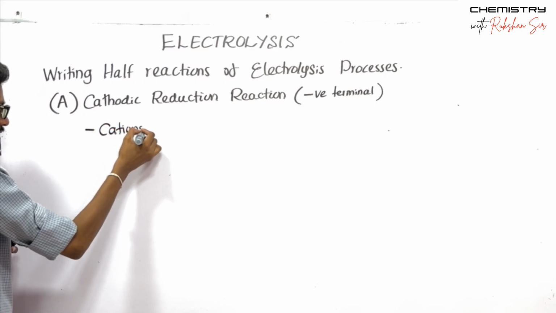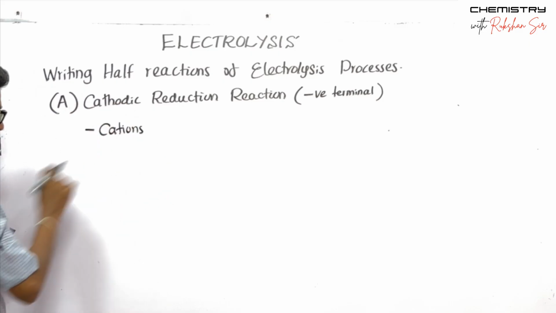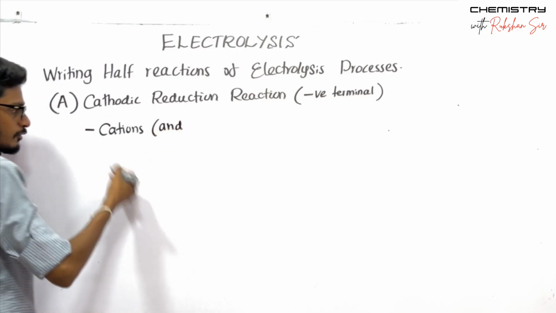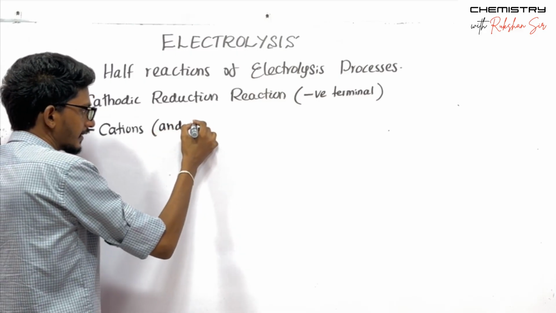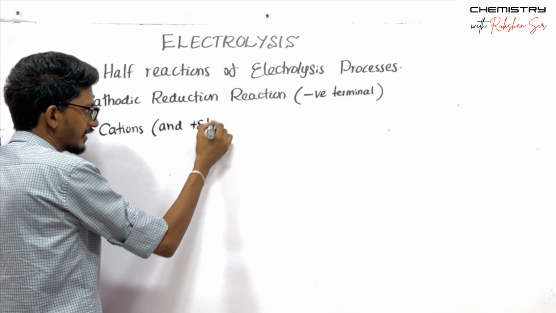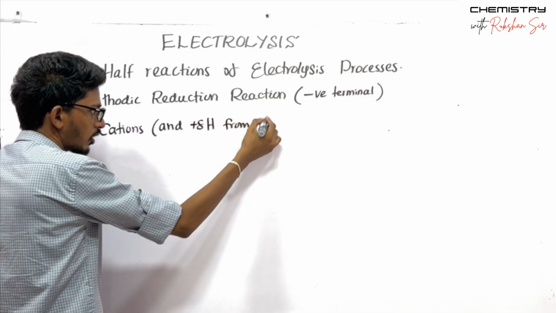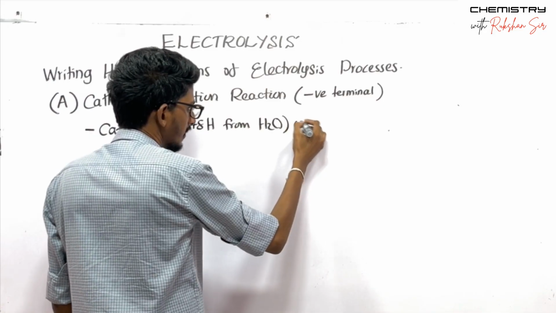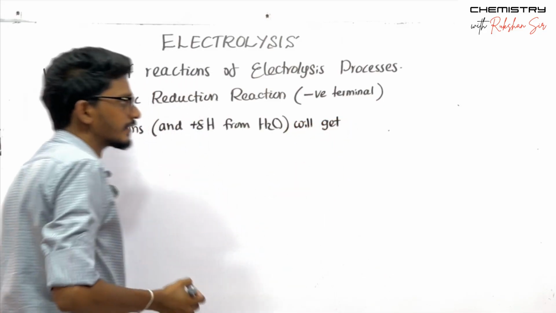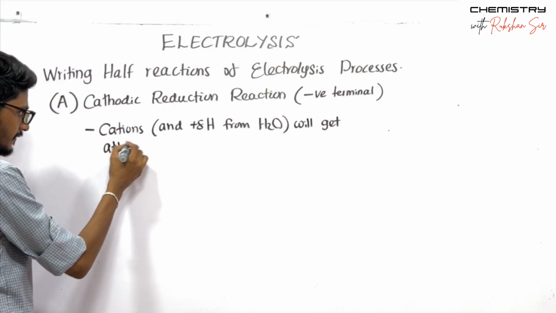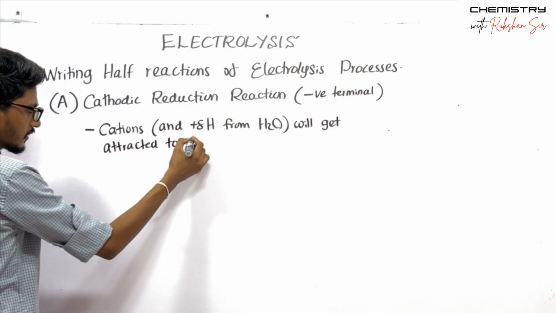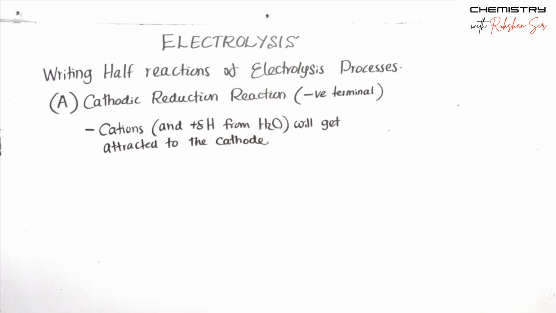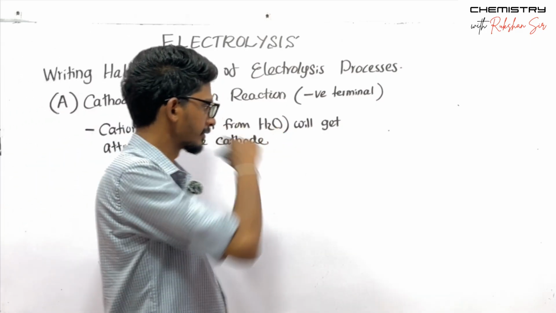And if you have water, the positive delta hydrogen from polar water will get attracted to the cathode. Cations and the positive delta hydrogen from the H2O will get attracted towards the cathode.